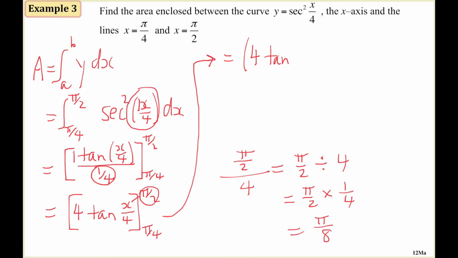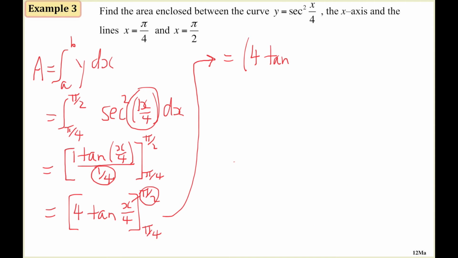And if we knew that straight away, we wouldn't have had to write that down. So pi on 2 on pi on 4 becomes pi on 8 minus 4 tan. Pi on 4 goes in for x. Pi on 4 becomes pi on 16.